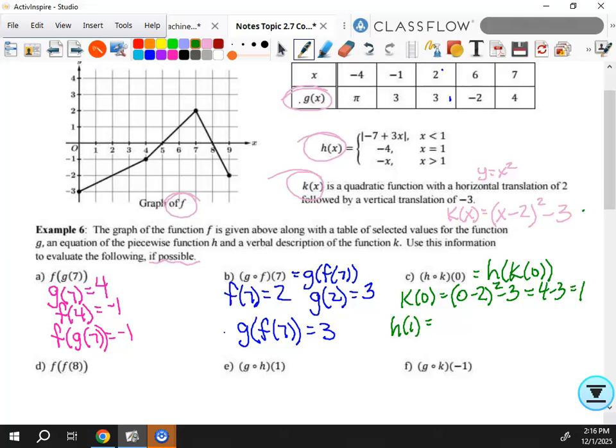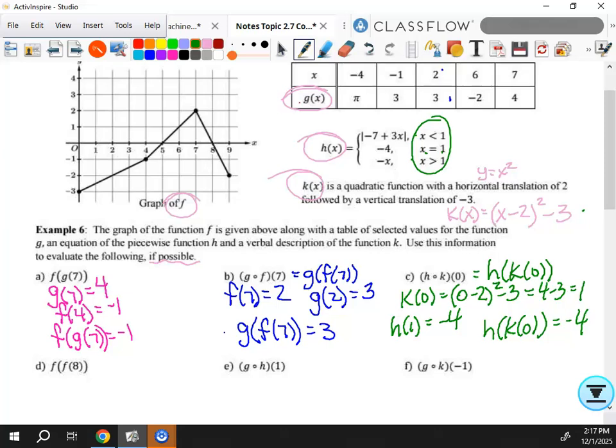Well, that's the piecewise function. Do I substitute it into all 3 of these? No, I look at the domain. That's the whole reason all this is there. This x is equal to 1. So when x is equal to 1, what is h? -4. Don't even have to do anything. So h of k of 0 is equal to negative 4. Okay. Any questions at all?